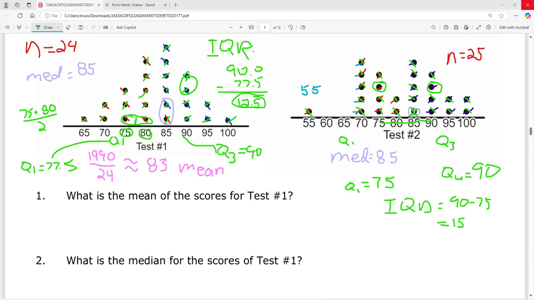Just double checking. Yep, so this will be 350 points earned by those people. 75 times 4 is 300. 80 times 2 is 160. 85 times 5 is 425.